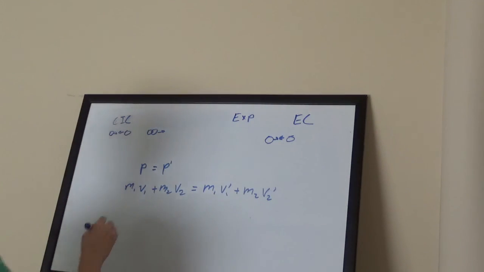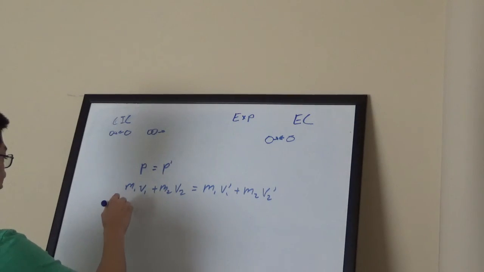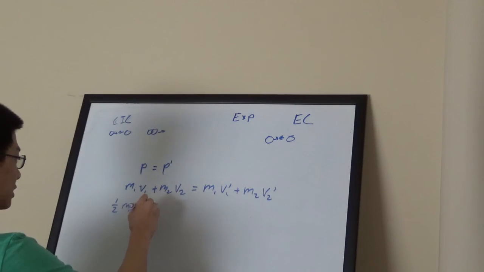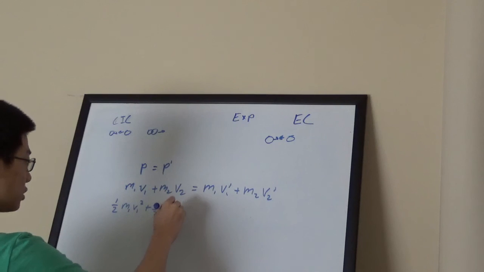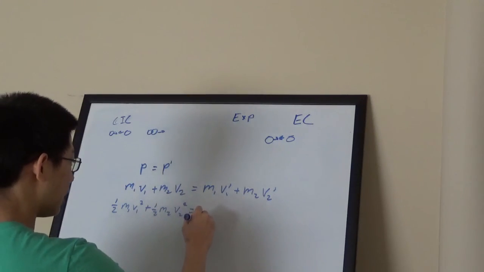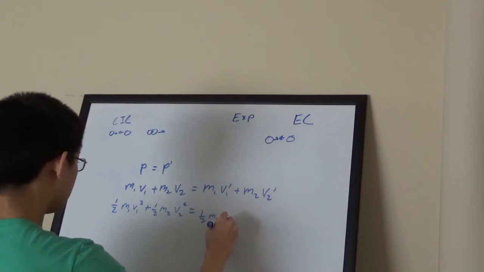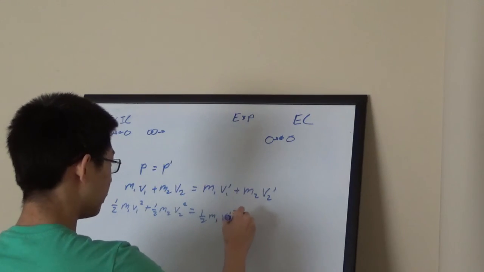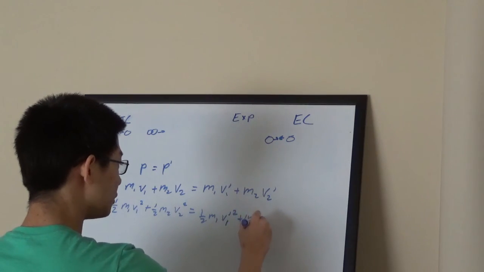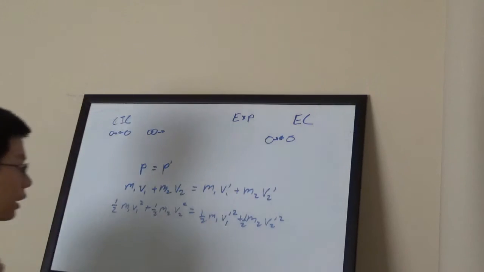What about the kinetic energies? Well, the kinetic energies are 1/2 M1 V1 squared plus 1/2 M2 V2 squared, and this is equal to 1/2 M1 V1 prime squared plus 1/2 M2 V2 prime squared.